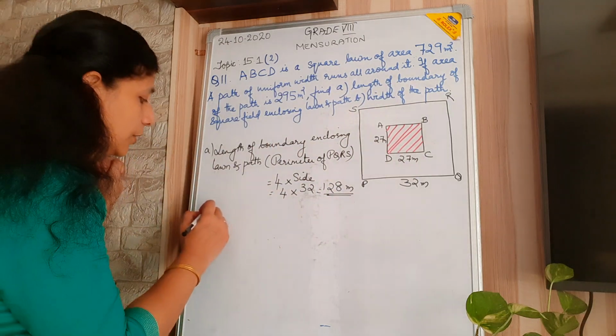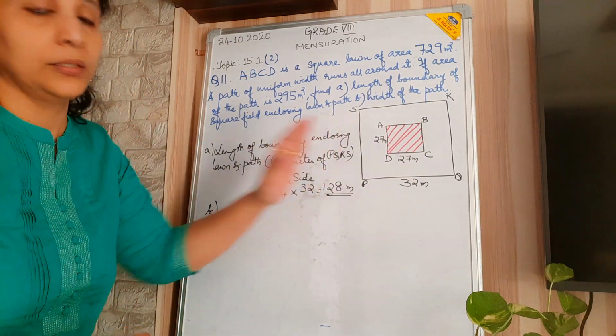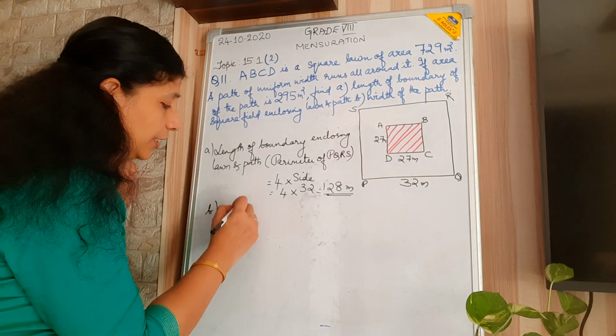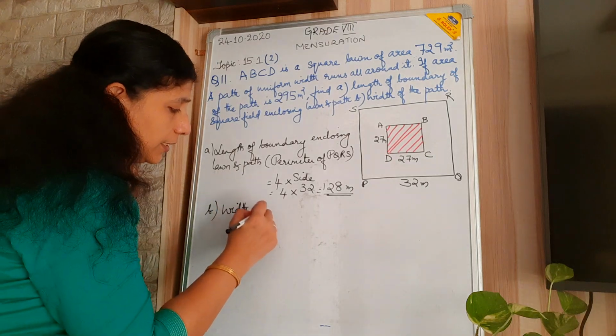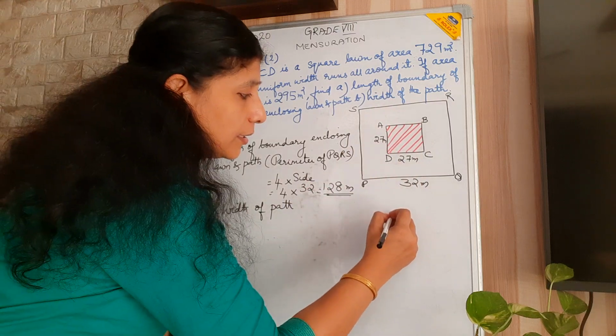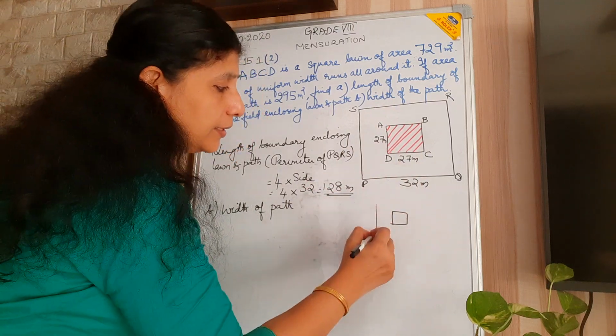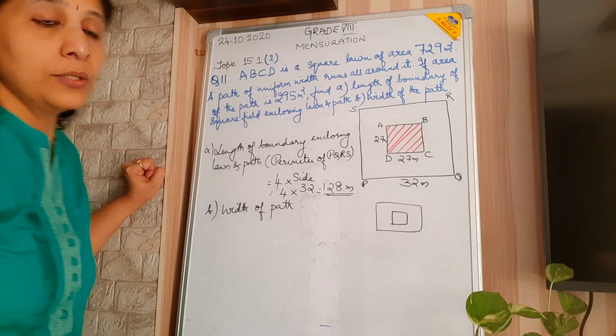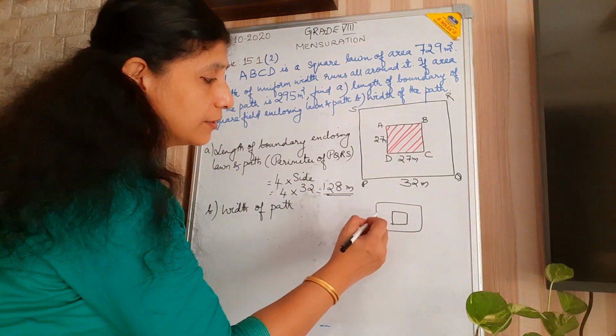Now the next question is the width of the path. How will you find the width of the path? The path is running around this one. So this is the square plot and this is the path. How will you find this width?